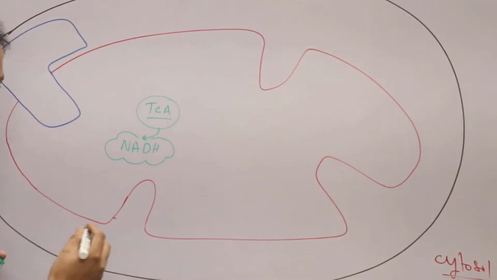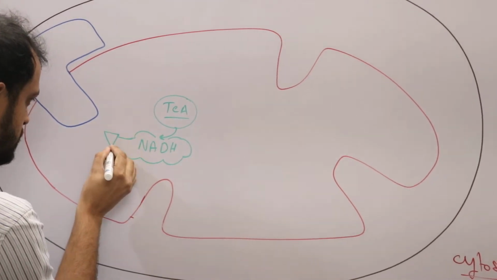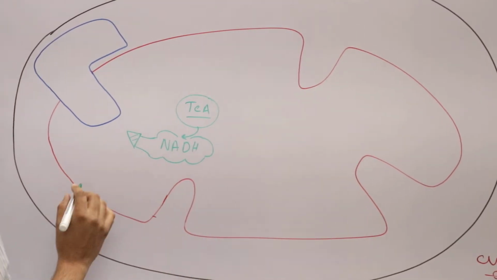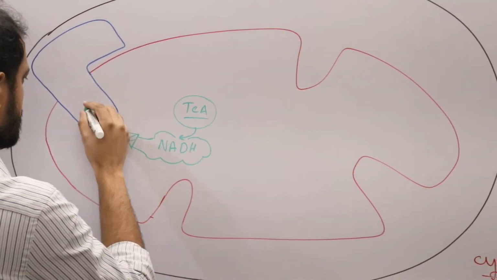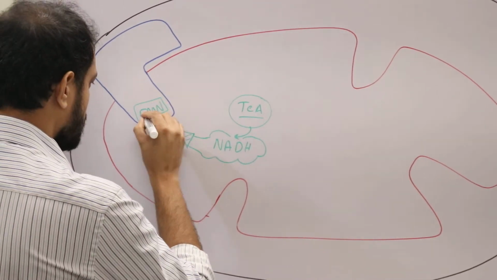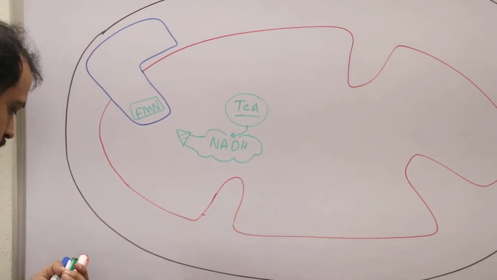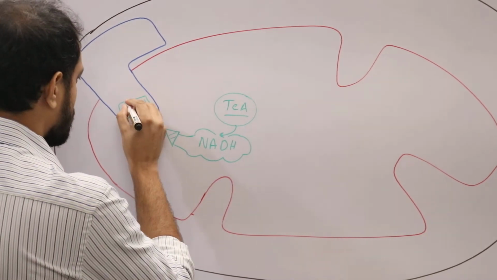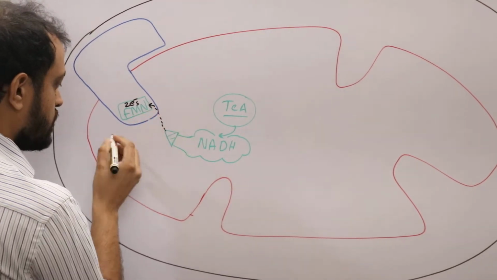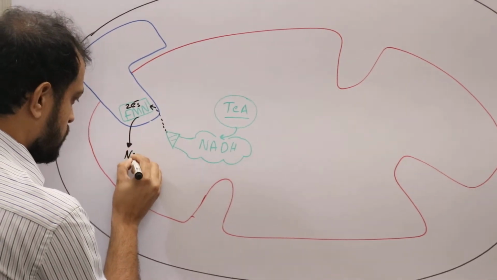Now this NADH is the electron carrier, we have already discussed this. When this NADH is going towards complex 1, there is FMN, and FMN will take 2 electrons from NADH and NADH will be oxidized.